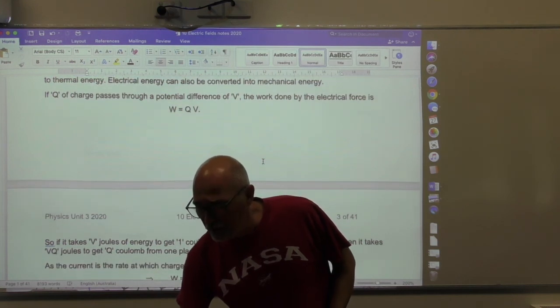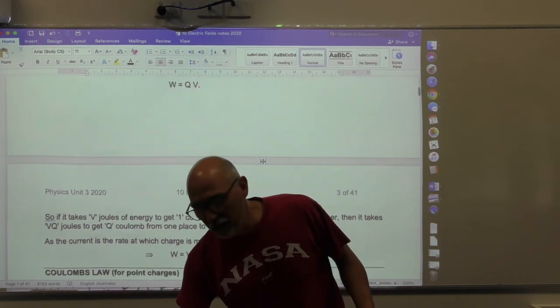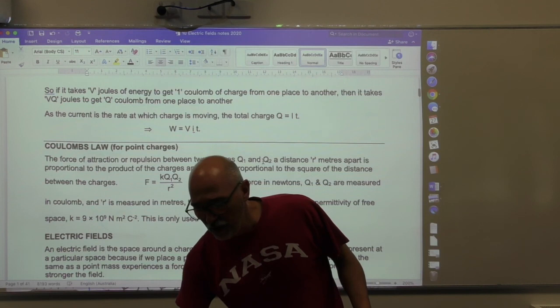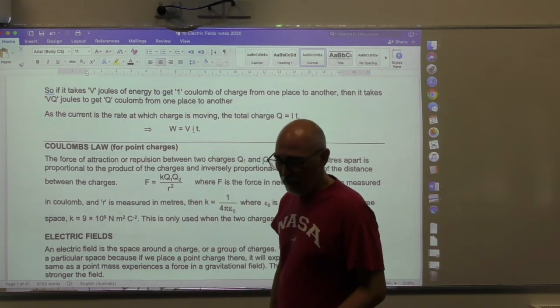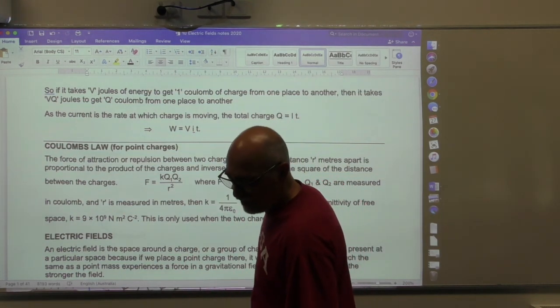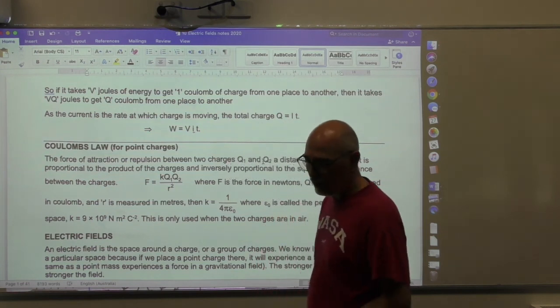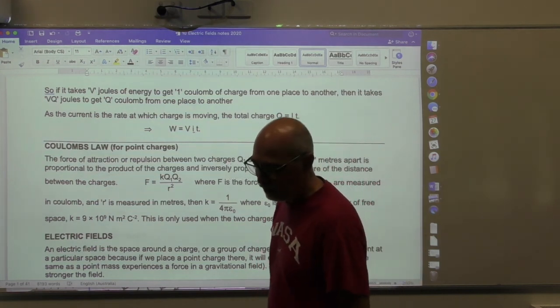If Q of charge passes through a potential difference of V, the work done, that was what I was talking about earlier, is the amount of kinetic energy you actually gain. So if it takes V joules of energy to get 1 coulomb of charge from one place to another, then it takes VQ joules to get Q coulombs.